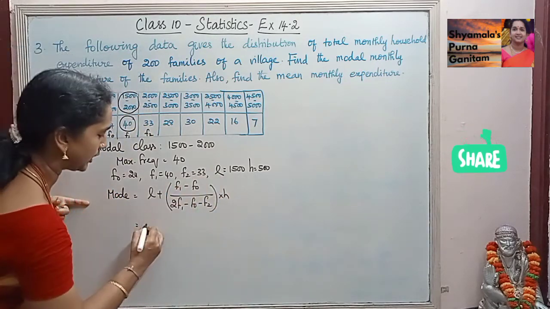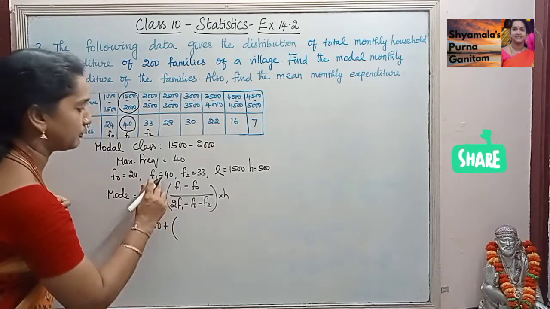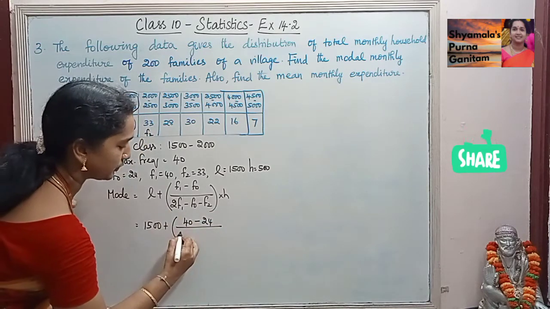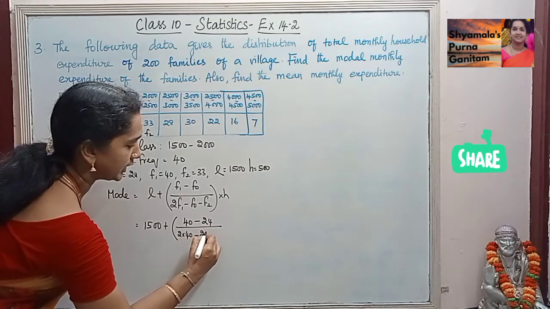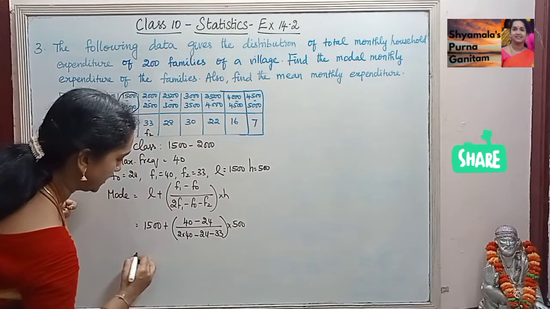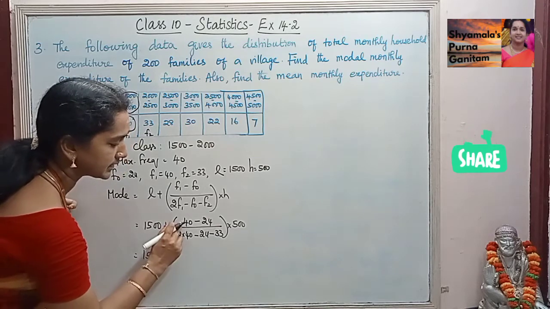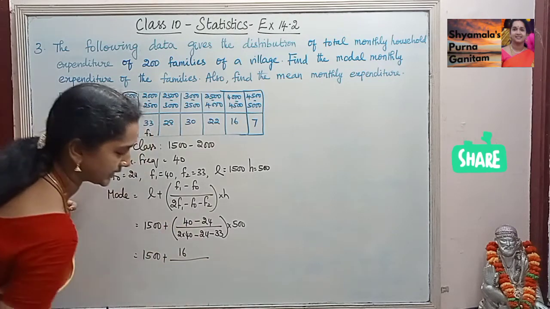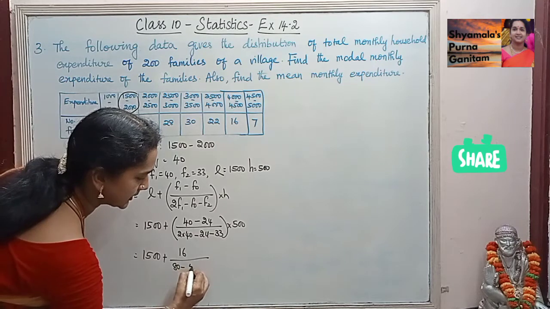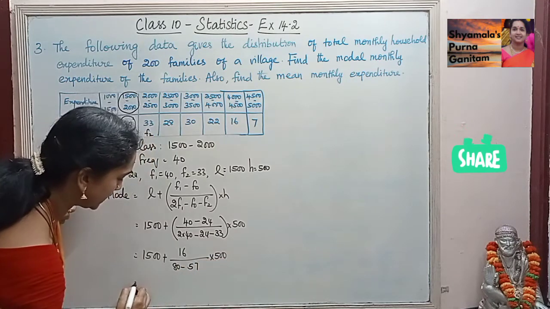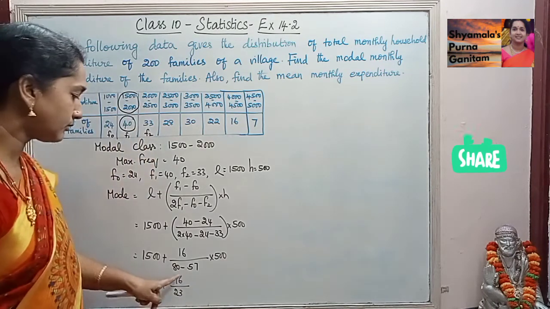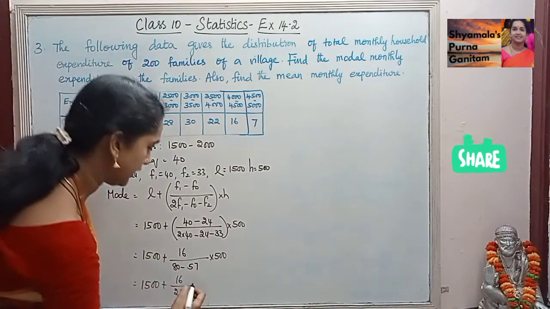So this is equal to 1500 plus (40 minus 24) divided by (2 into 40 minus 24 minus 33), into 500. So this is 1500 plus 16 in the numerator divided by (80 minus 57), into 500. Simplifying, 80 minus 57 is 23.